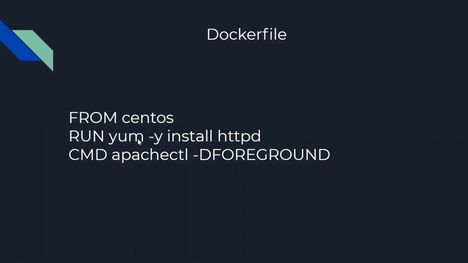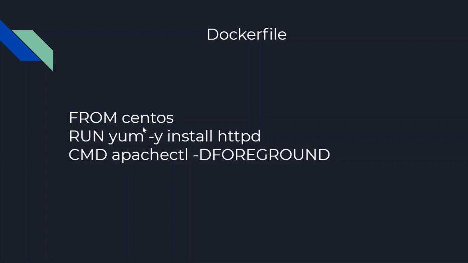Okay, great. Then second, you have this RUN instruction, which, based on the operating system that you chose, gives you the ability to install packages. Say that you choose Ubuntu, then you say apt-get. If you choose a Red Hat based one like CentOS, you say yum install whatever. Or if you choose Alpine, then you would say apk add something.